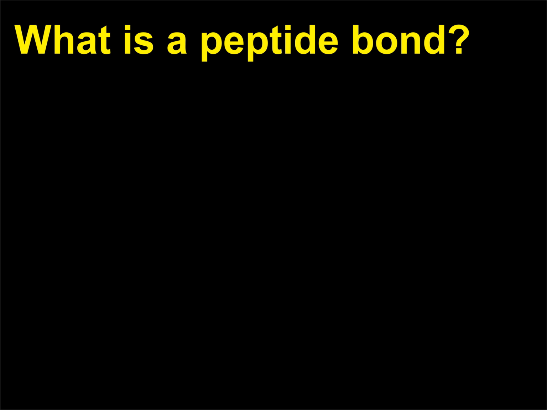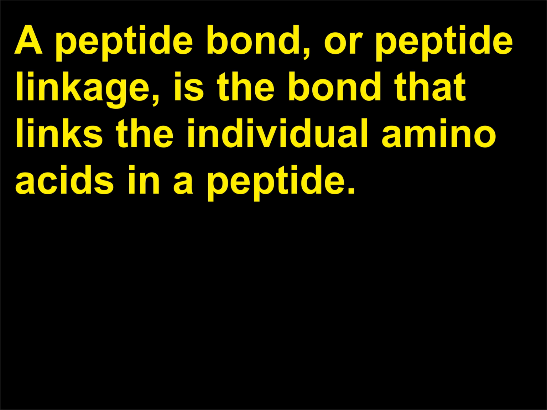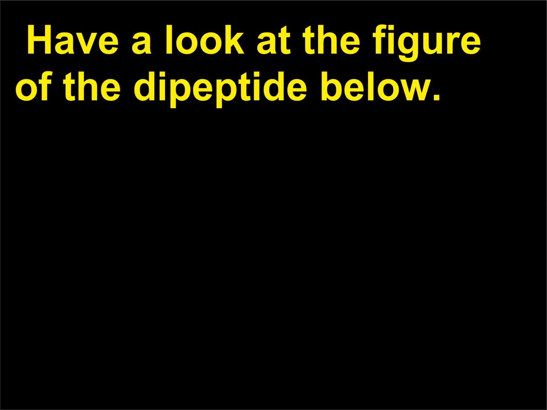What is a peptide bond? A peptide bond, or peptide linkage, is the bond that links the individual amino acids in a peptide. Have a look at the figure of the dipeptide below.